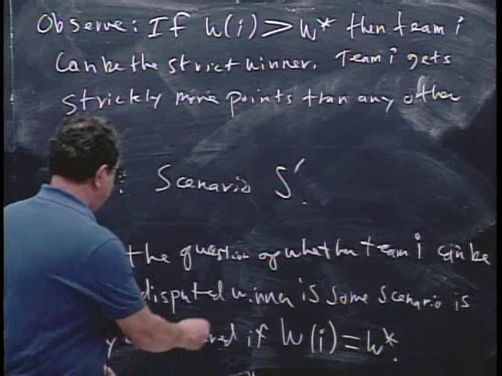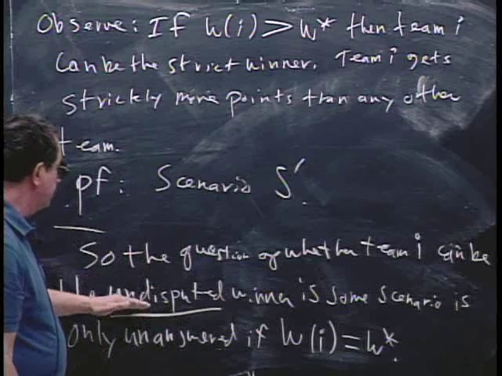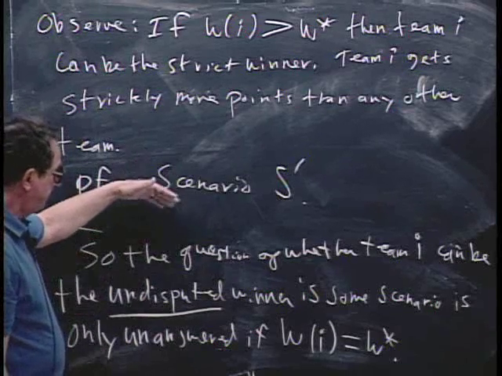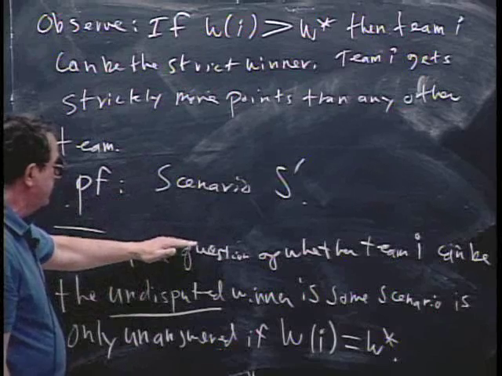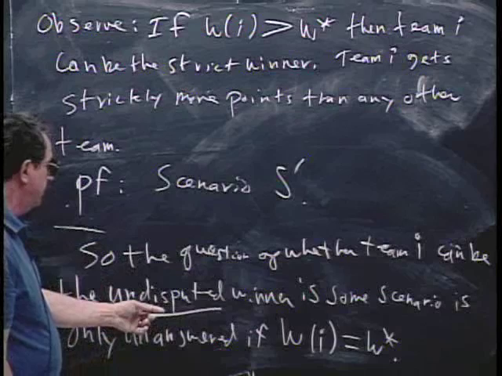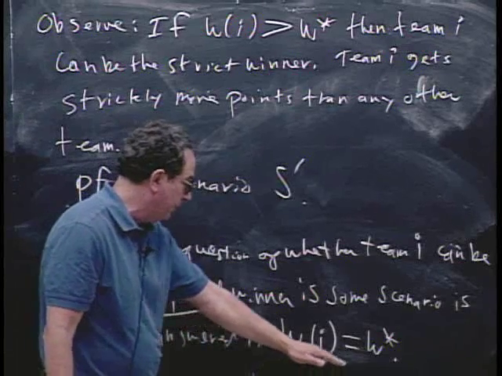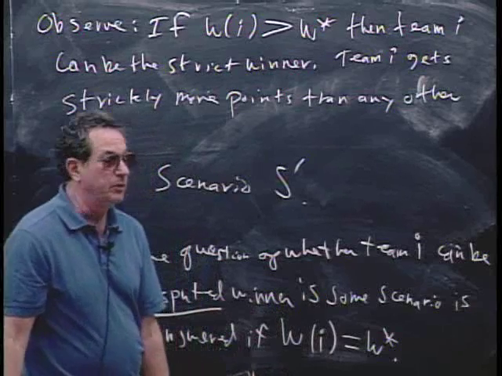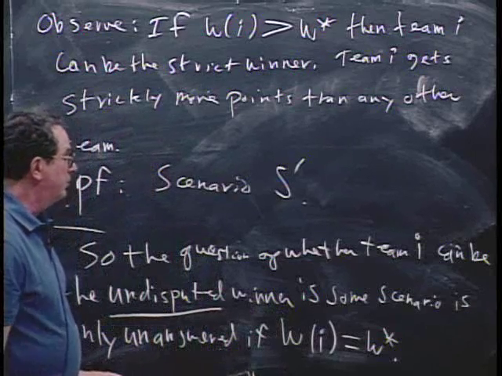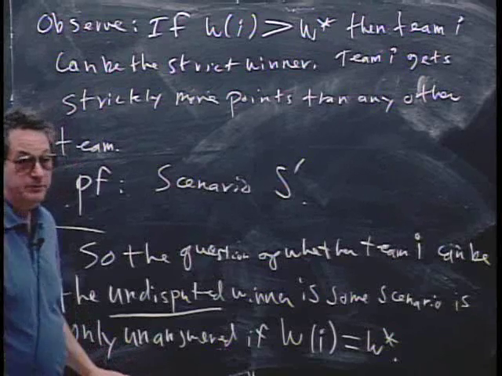So the only possibility for team I to be the undisputed winner, the question is only of interest in the case when Wi is equal to W star. Then we don't know. Then it's still a question, and that's what I'm going to show you how to solve, again through network flow.